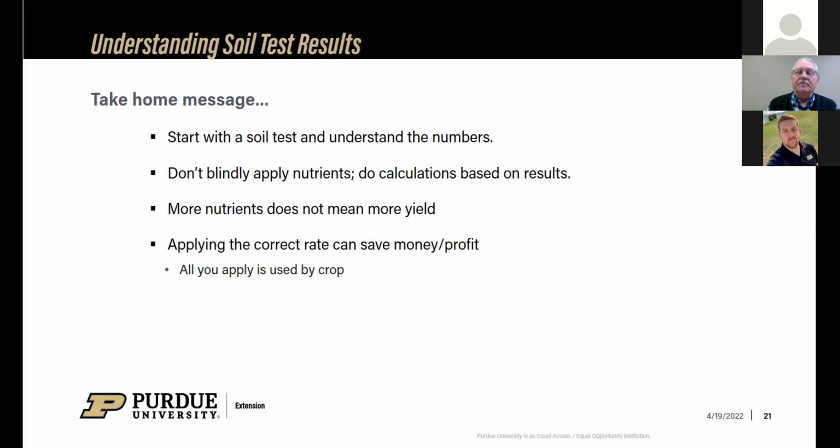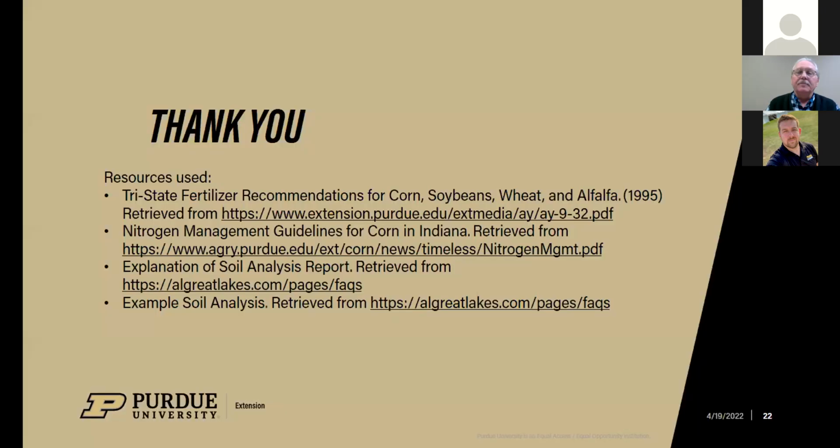That's really the take-home message in understanding this: here's all these fancy numbers, here's the important ones you need to look at. And then from there, we can work on figuring out what the application rates are to get those correct applications. And that should be the end of my presentation this time, as opposed to the last one that was in the middle.